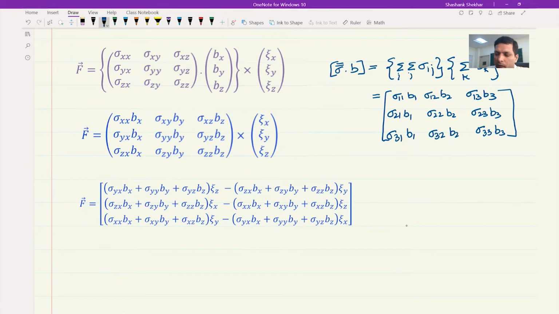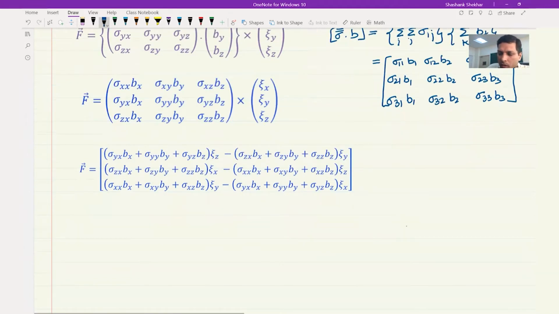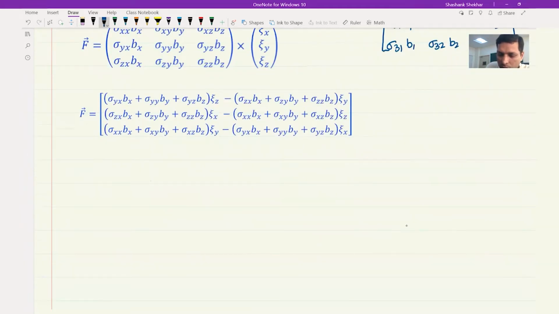and this is sigma dot b in terms of x, y, z, and then we take a cross product with the line vector ex, ey, ez. This is the overall form in terms of x, y, z, and again I will write it also in terms of 1, 2, 3. Sigma 21 b1 plus sigma 22 b2 plus sigma 23 b3.